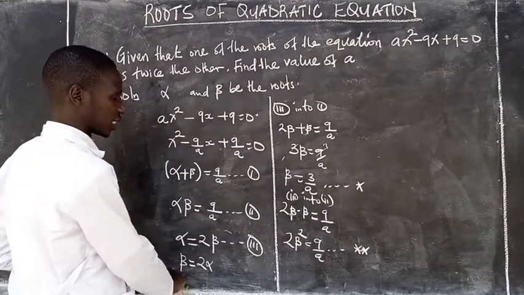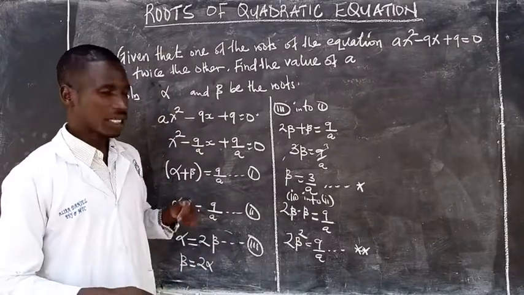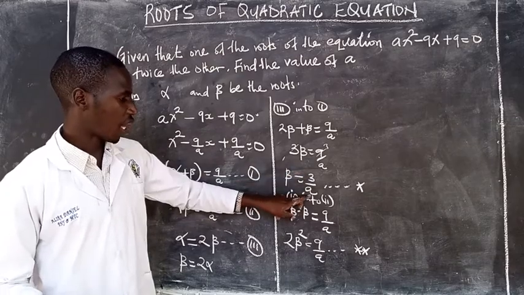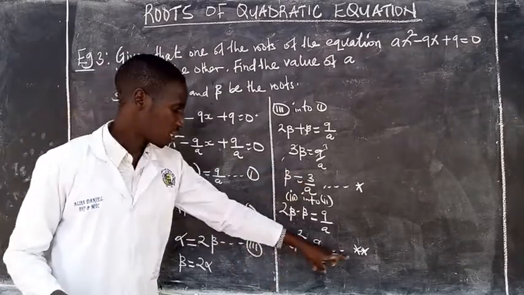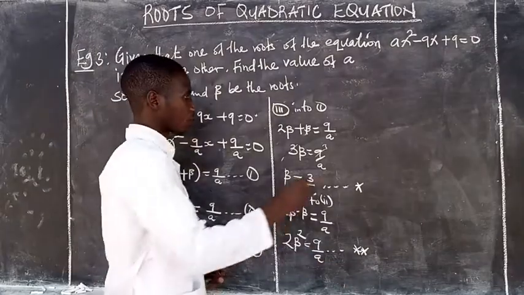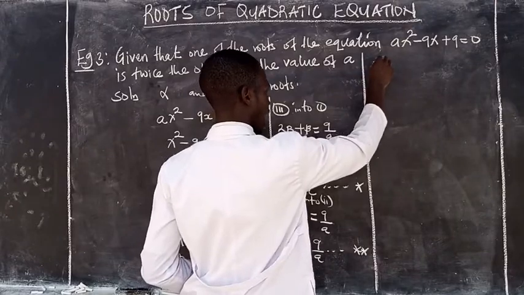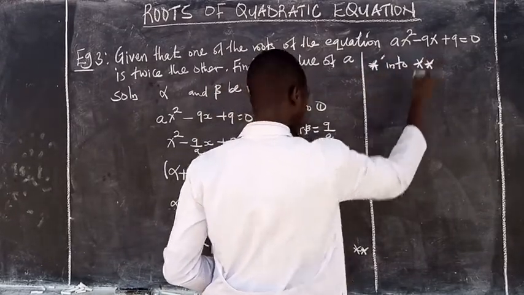If that is star 2, remember we are interested in the value of a. So what we do in this case, beta is already known, that is 3 over a. We pick this beta in star 1 and we put it in star 2. So star 1 into star 2, what do we get?